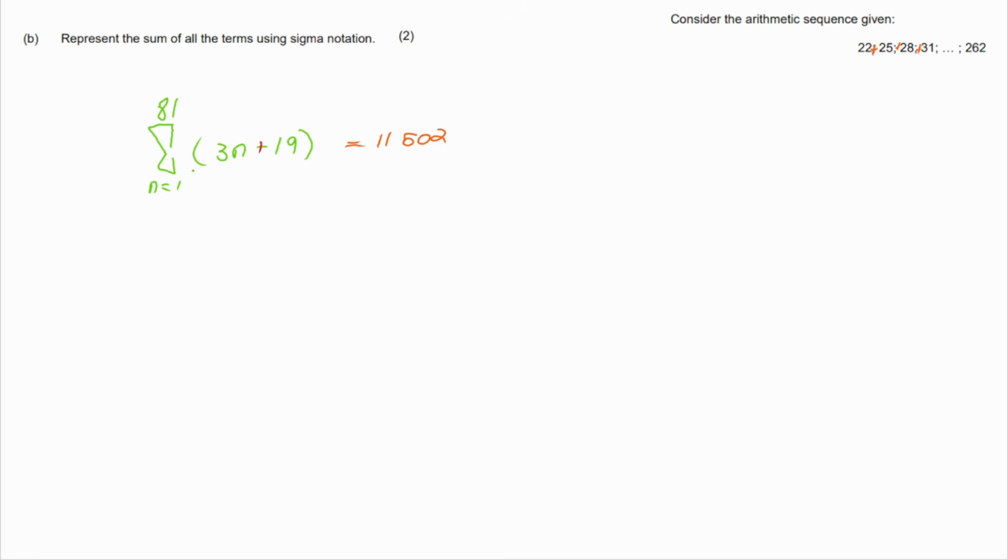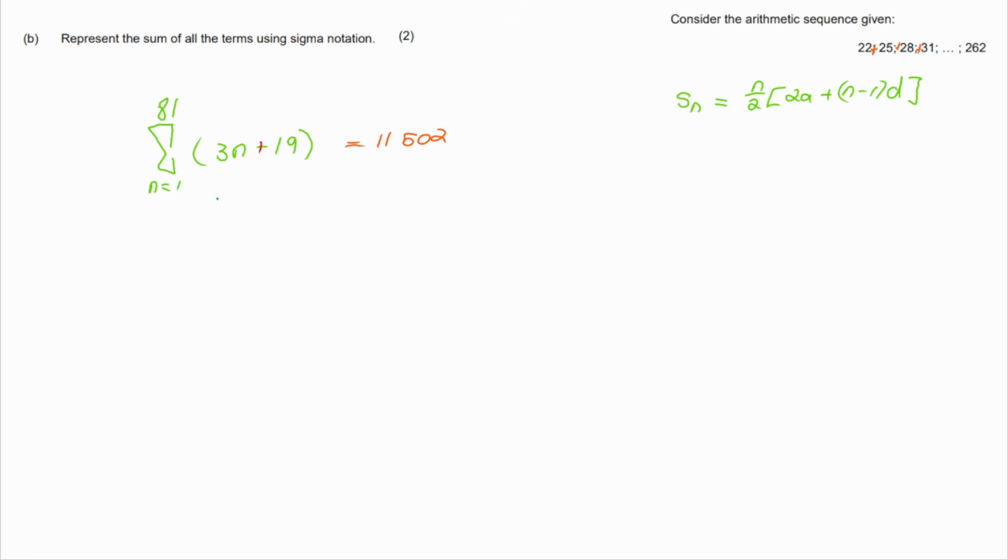If your calculator doesn't have that sigma mode, what you're going to have to do is use this formula for the sum of arithmetic terms, n minus 1 d. You're going to have to use this equation for the sum if your calculator does not have that sigma notation. So let's have a look at that.